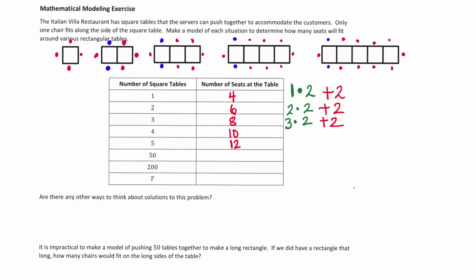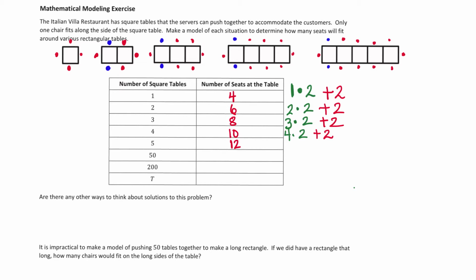And we can look at the next one. The next one is 1, 2, 3, 4, right? There are 4 square tables times 2 on each side. Let's write that. 4 tables times 2 plus the end seats, because that did not change, that was consistent.